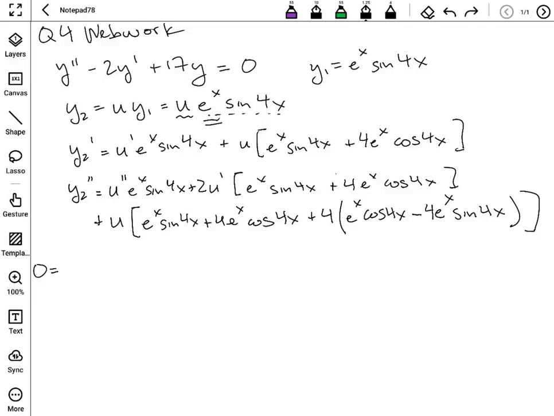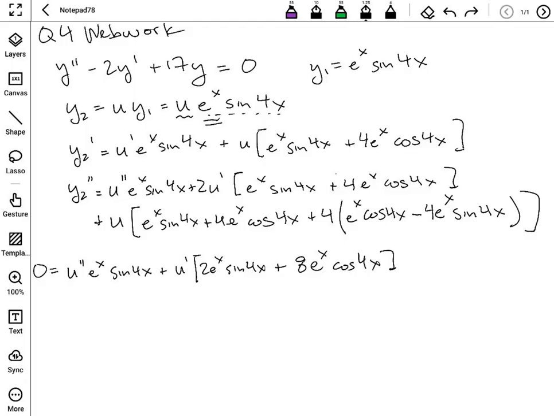So it's going to be u double prime e^x sin 4x plus u prime times 2e^x sin 4x plus 2 times 4 is going to be 8e^x cos 4x. I'm just multiplying that 2 through because I want to have u prime out front so that I can start simplifying my terms in a minute.